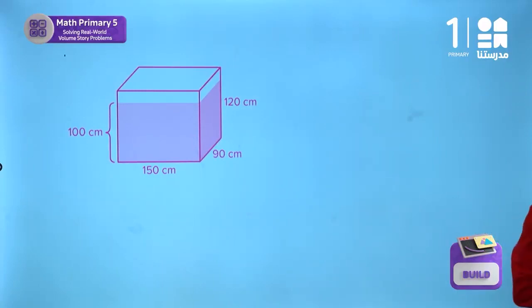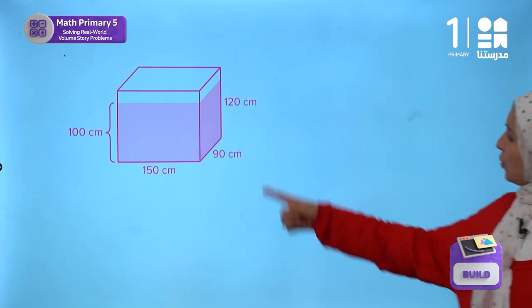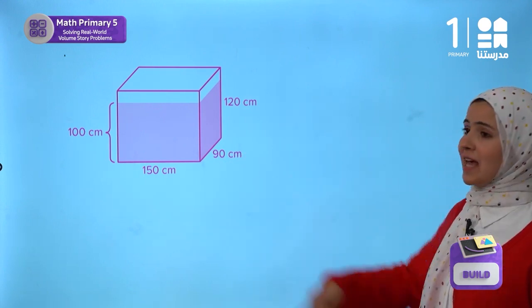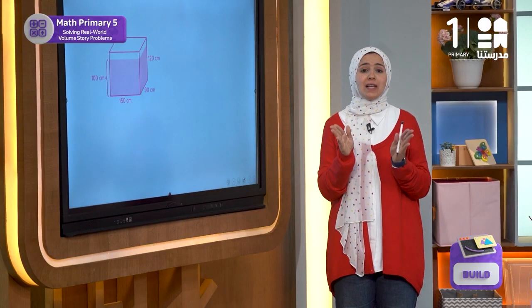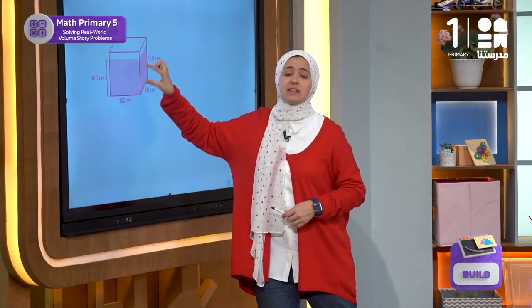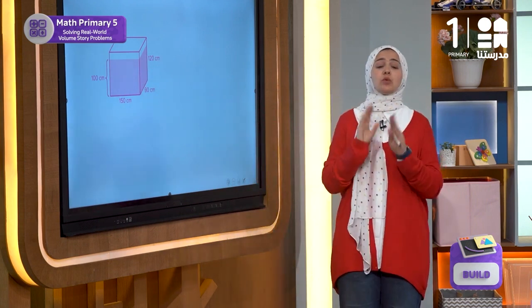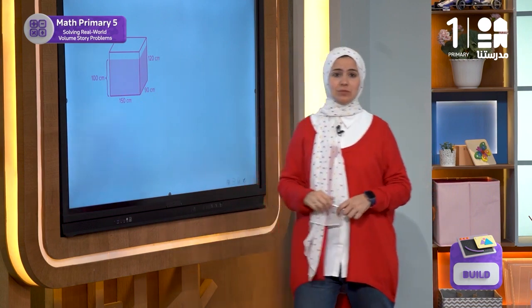And then we're going to write the length is 150 centimeters. The width is 90 centimeters and the height is 120 centimeters. The soil inside the box will be represented by this shaded parts like this. And we will write its height as 100 centimeters.